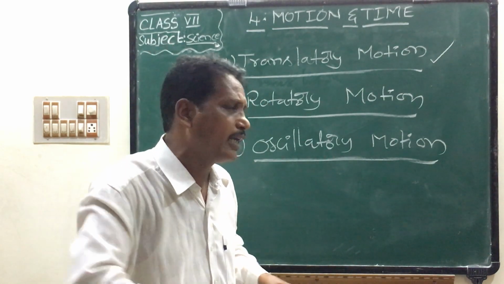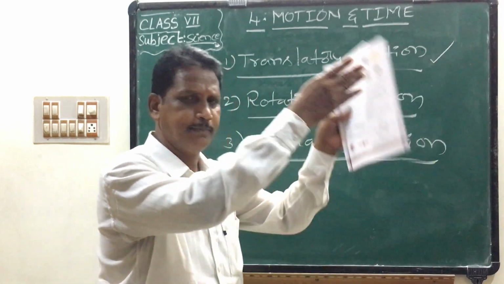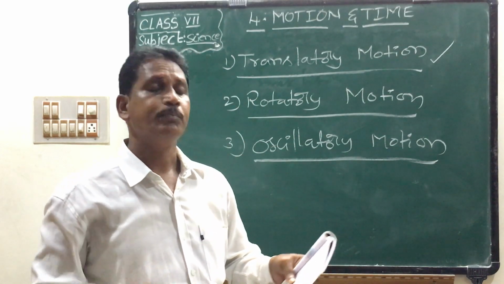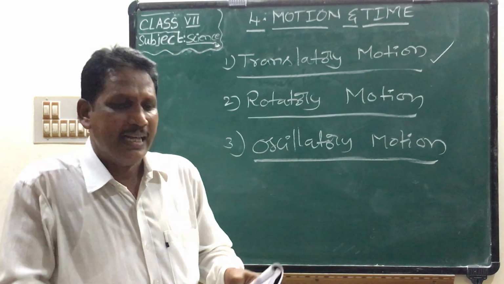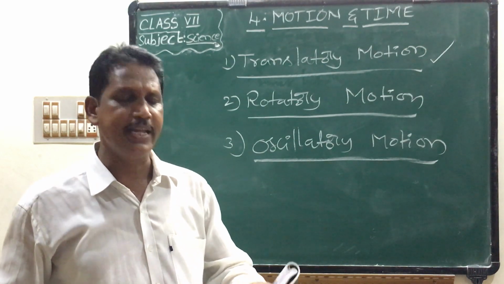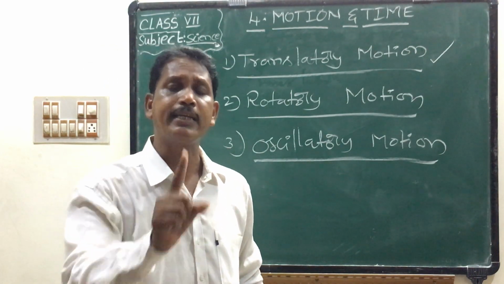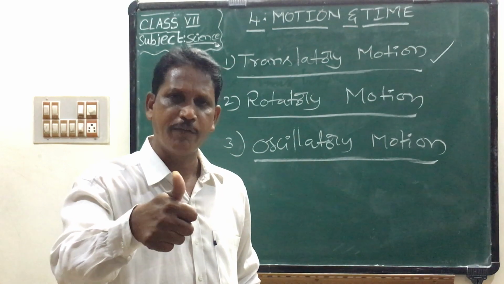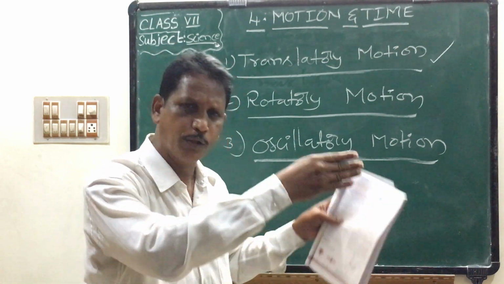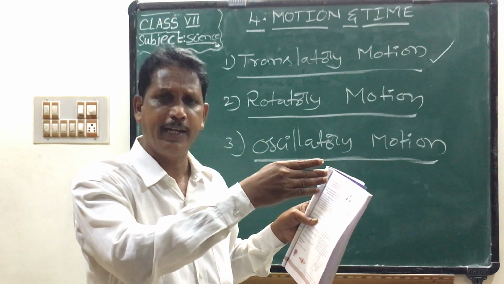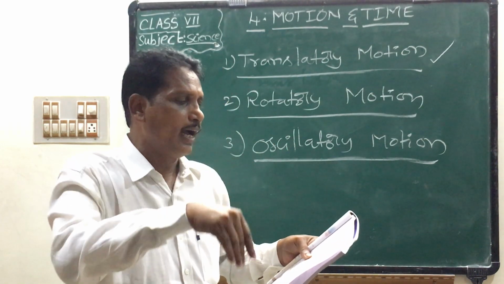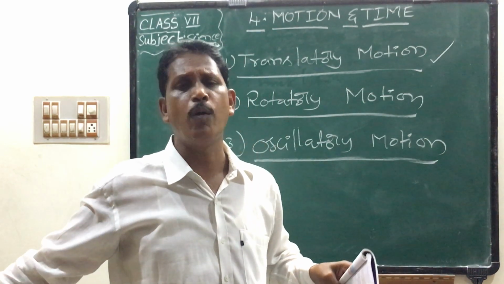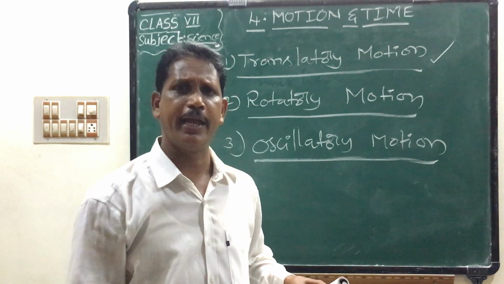If a body moves in a translatory motion in a straight path, then the motion of the body is called rectilinear motion. What is meant by the rectilinear motion of a body? If a body moves in a translatory motion in a straight line, then the motion of that body is called rectilinear motion.